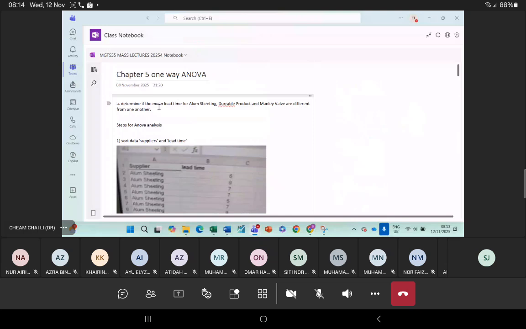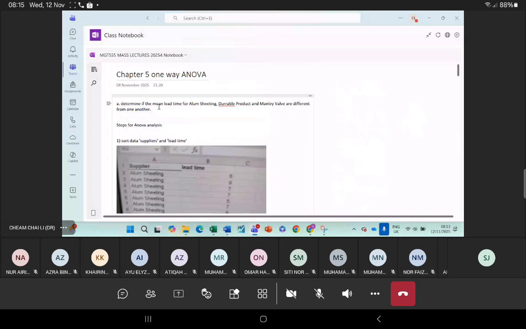So now maksudnya all the means for the three groups, aluminium sheeting, durable product, and manifold are equal, right? Other than writing the statement, you can also write mu1 equals mu2 equals mu3.